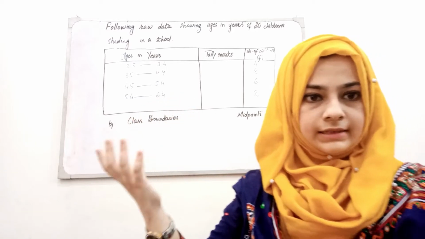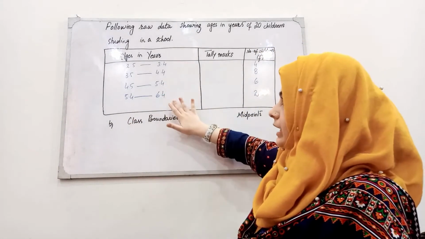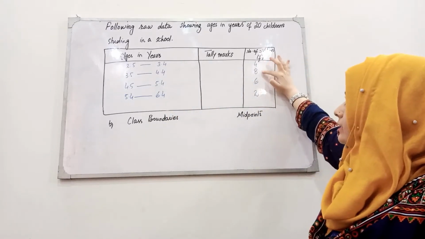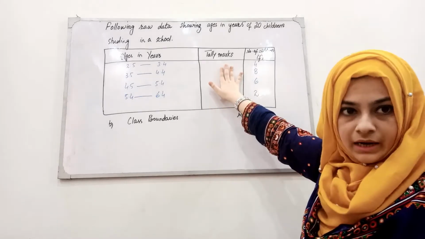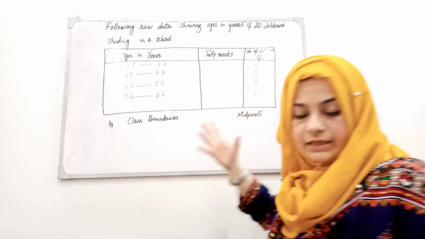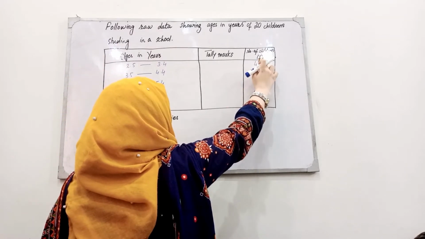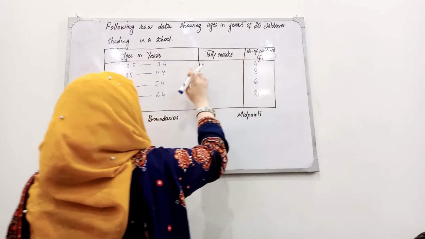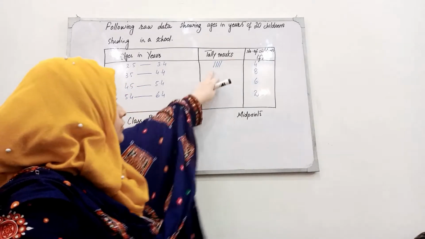So by taking the class interval 0.9, I have created these 4 classes, and now we need the frequencies of these classes. Now I am doing tally marking. How to do tally marking? I am showing you. The frequency shows 4, so I will mark 4.